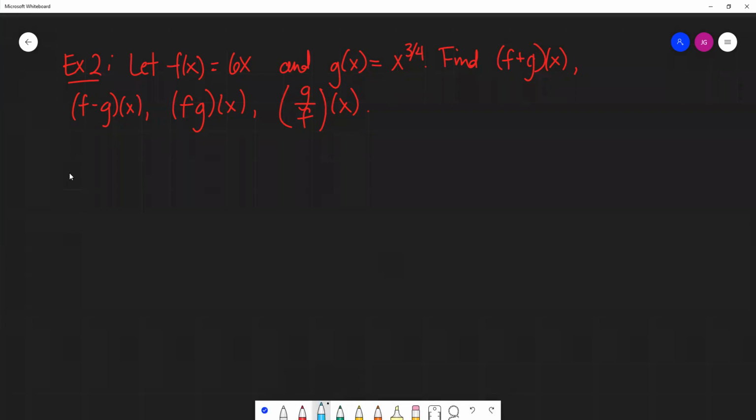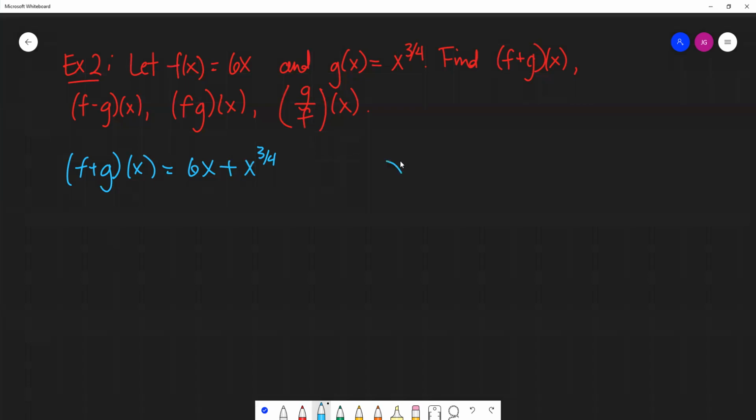So f plus g of x is 6x plus x to the 3/4. Okay, remember this is going to be a radical. Even if we don't write it as a radical, can I combine those two things? No, because they're not like terms. One is just x. This one is the 4th root of x to the 3rd power, right?